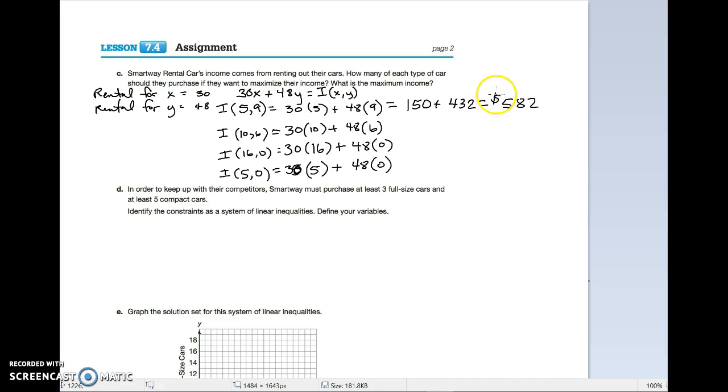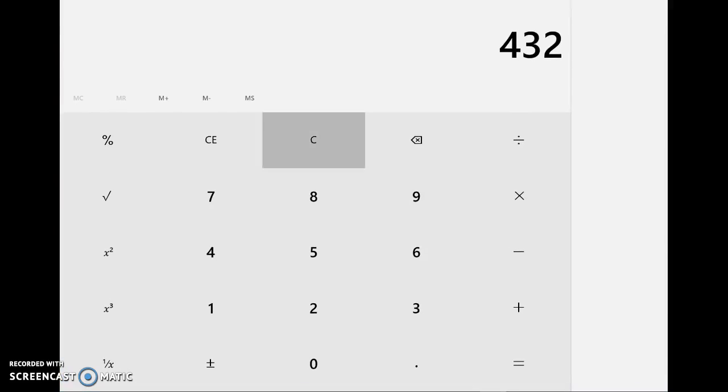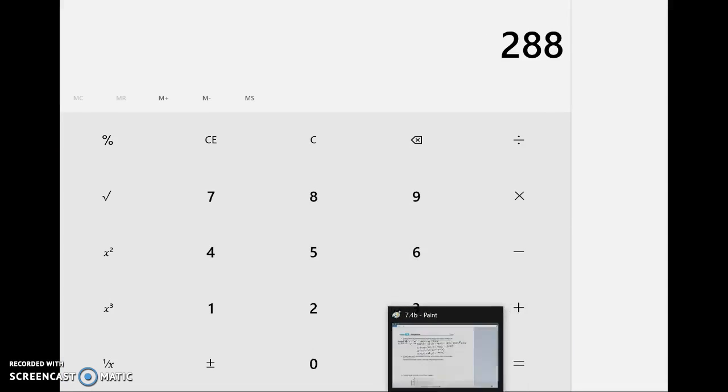So if we have 5 compacts and 9 full size, we'll make $582. All right? Let's do the next one. 30 times 10 is 300. 48 times 6 is 288.